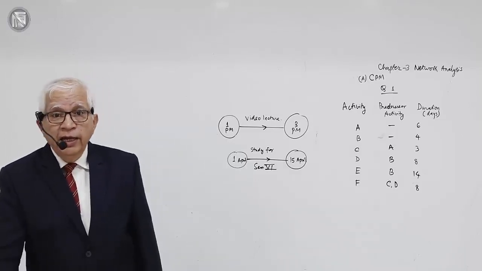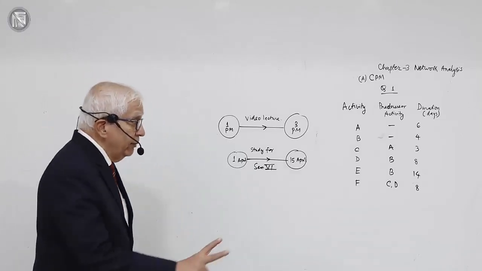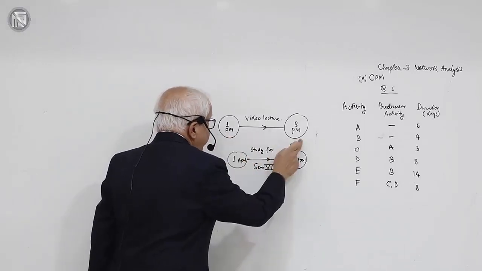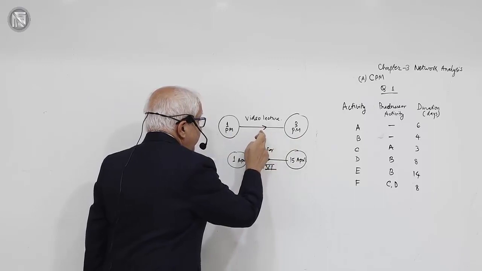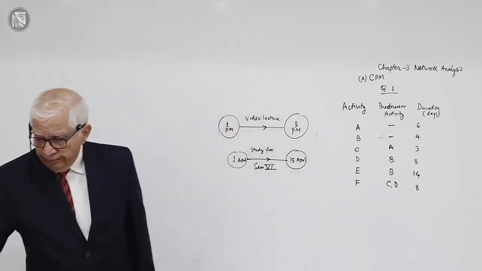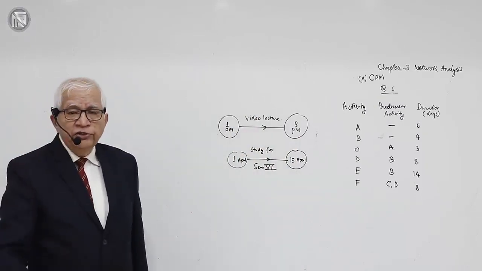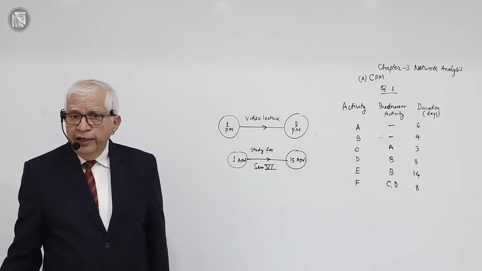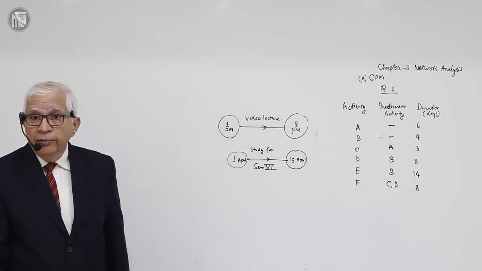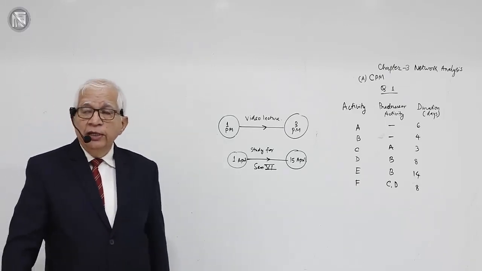And what does the network diagram comprise of? The network diagram comprises of only these two things: an event and an activity indicated by an arrow. Okay, fine. So we have understood the distinction between event and activity. Event does not require resource consumption. Activities cannot be completed without resource consumption.